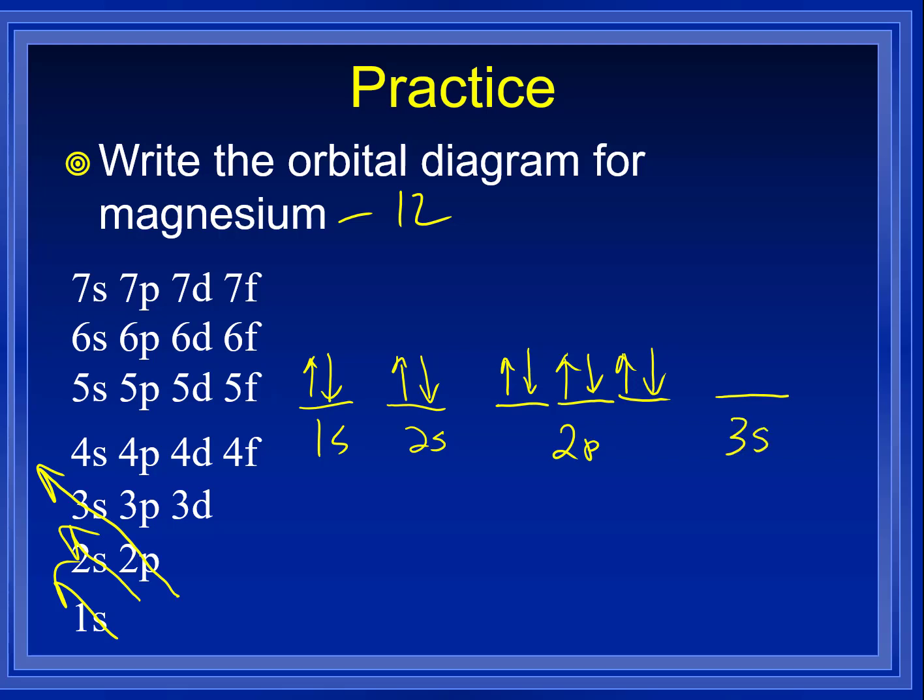Then I get 3s, and it gets 2, and that's my 12 electrons. Right? 2, 4, and 6 is 10, and 2 more is 12. Extra fancy.